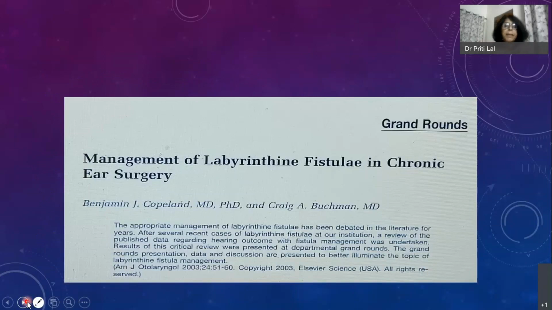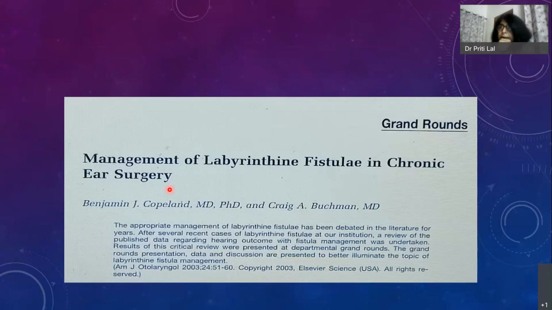In a study by Copeland and Buckman on the management of labyrinthine fistula in chronic ear surgery, they did a review of literature and found that the hearing preservation rate in the two groups, the group which removed the matrix completely and the group which left the matrix behind, was not much different, not a statistically significant difference.